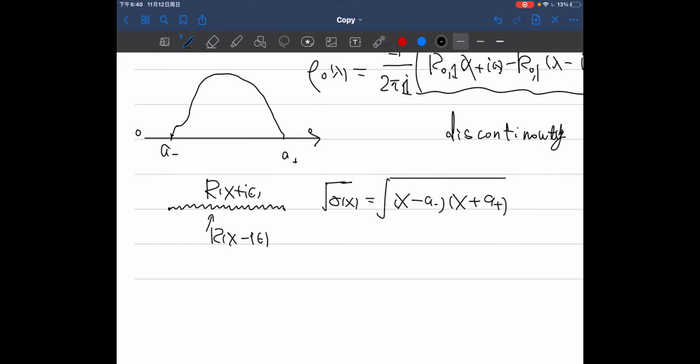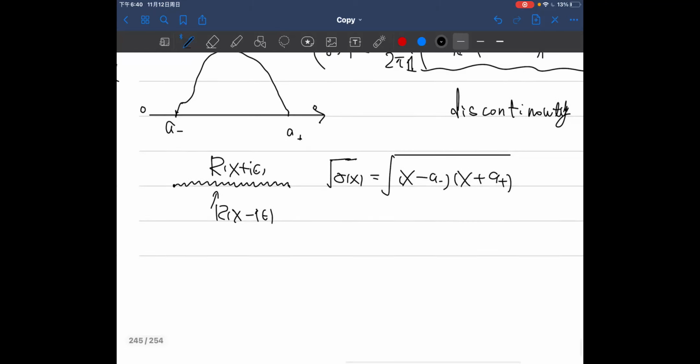That's great. Good. We consider x away from the branch cut.